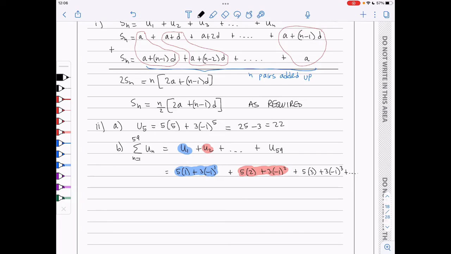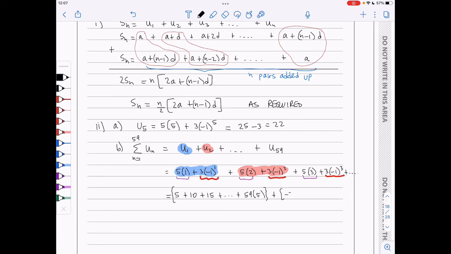So I could actually start by considering these terms first of all, because it's going to be 5 plus 10 plus 15 plus dot dot dot plus 59 times 5. So we've got the first 59 multiples of 5 added up, and then the other terms here will be alternating between minus 3 and 3.